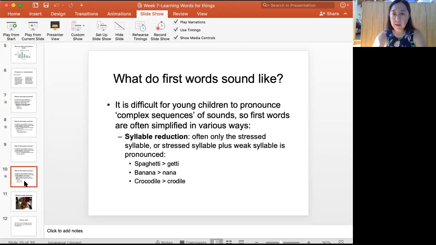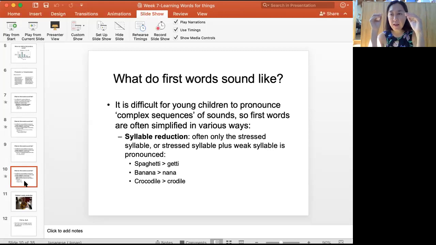Syllables get shortened. With long words like spaghetti, with three, four or five syllables, the word gets chopped off. So spaghetti would become "getti", banana will become "nana", and crocodile will become "crocdile". In that way, syllables are reduced and the words are shortened.